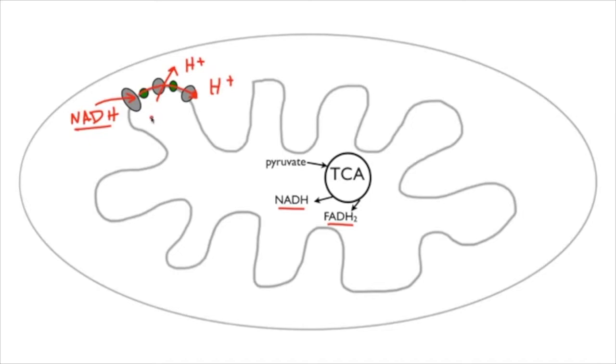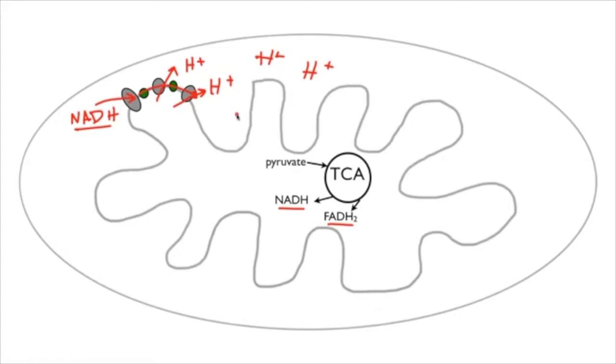But the bottom line is what these things do is they have increasing electron affinity. So they want the electrons more than the protein just upstream. So the electrons are moving through these regions, and a little bit of energy gets given off at various points, and that energy is used to create a proton gradient. So this intermembrane space gets packed with protons.